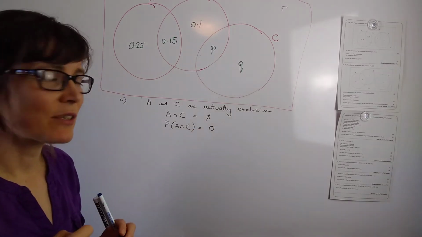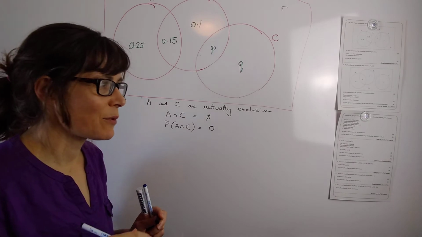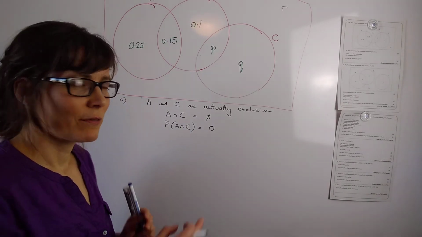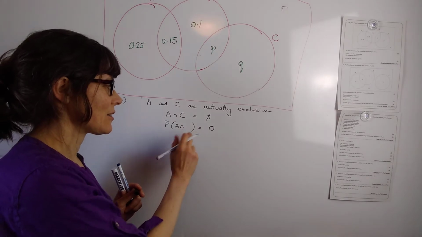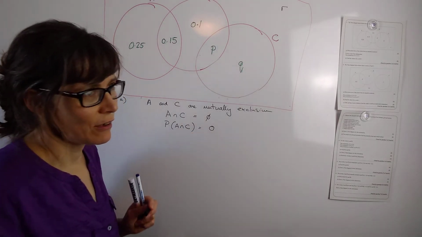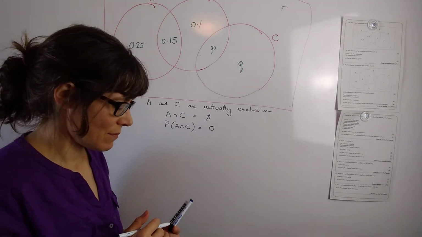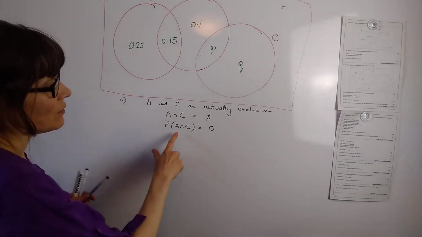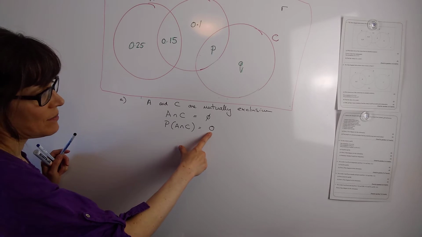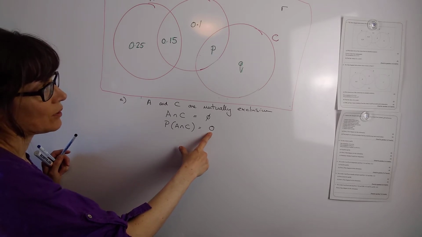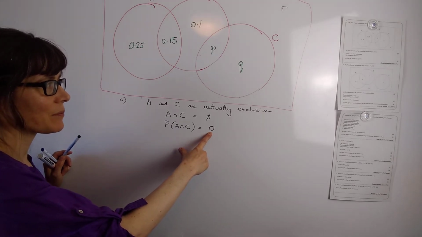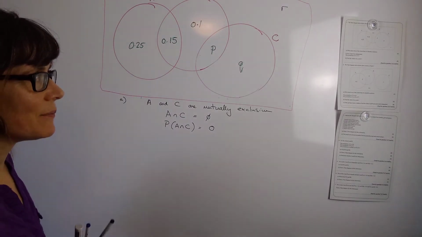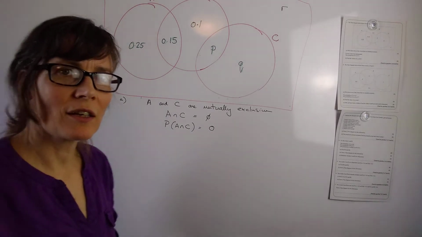So there is no chance of, say we were to take 100 people, anyone saying, yes, I have a car, and yet I don't have a car. Maybe you can think of more concrete examples like that. So there is no probability in the gap here. So that's part A.